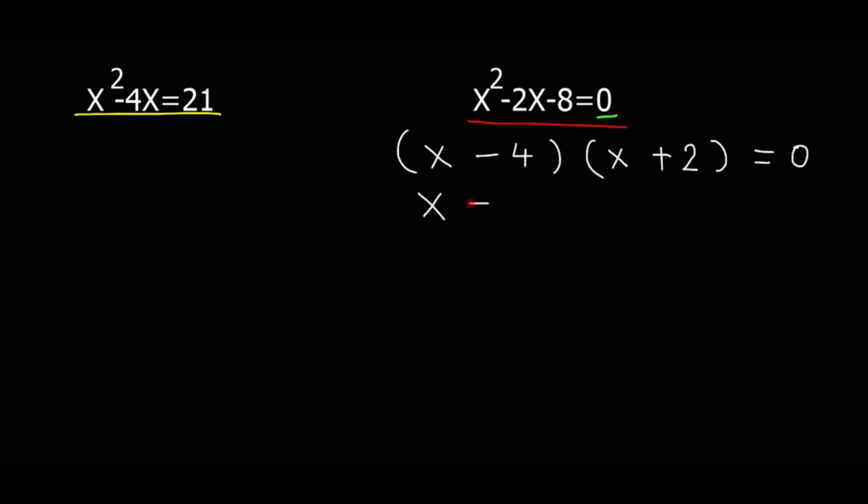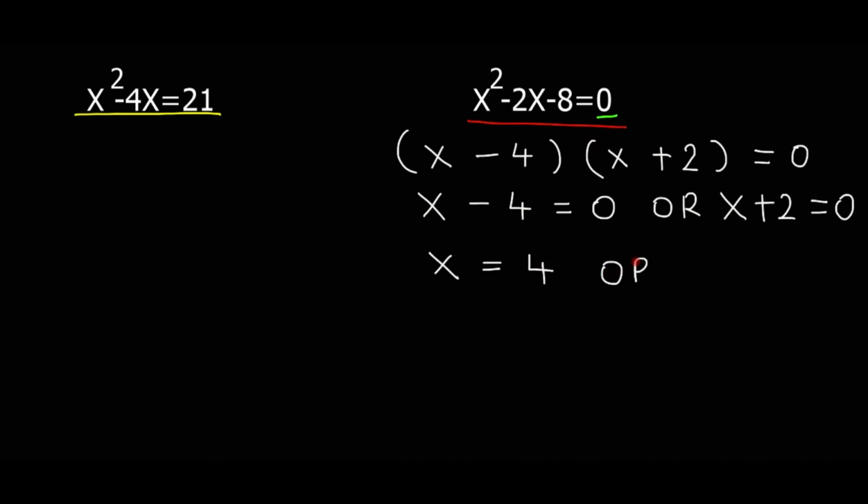We have x minus 4 equals 0, or x plus 2 equals 0. Now to solve for x, we have x equals 4, or x equals negative 2. And this is our solutions.